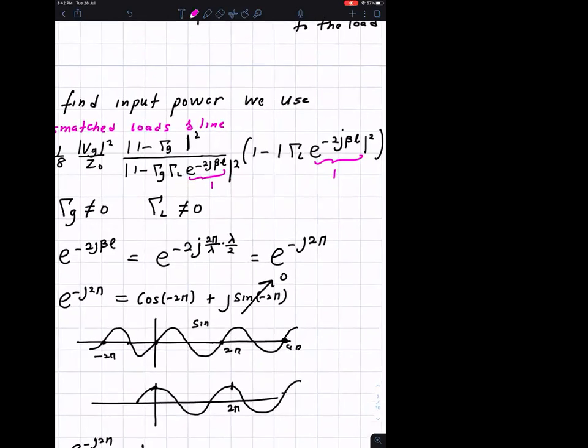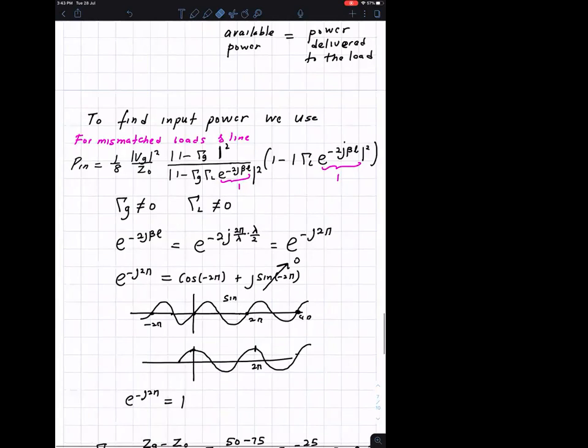Sometimes if you see it is matched at the load, then you can put this equal to 0. If you see that the generator reflection coefficient is 0, it's matched very well, then you can put this equal to 0. Sometimes one of them will be matched and the other one will not be matched, so you put a 0 accordingly. That will simplify your calculation.